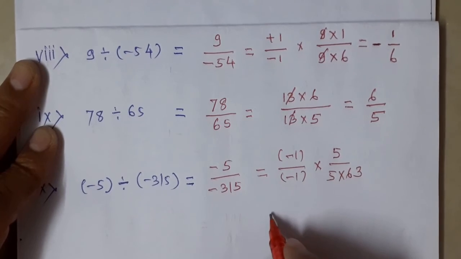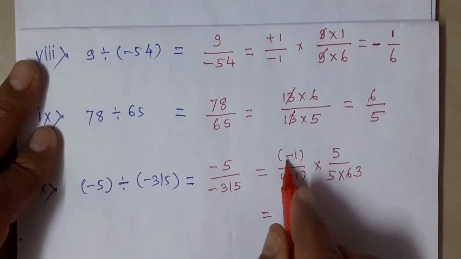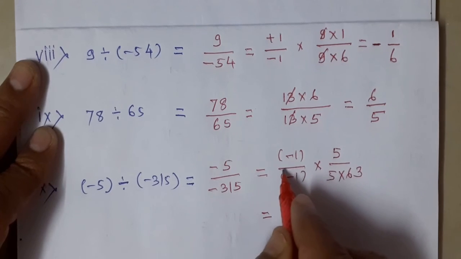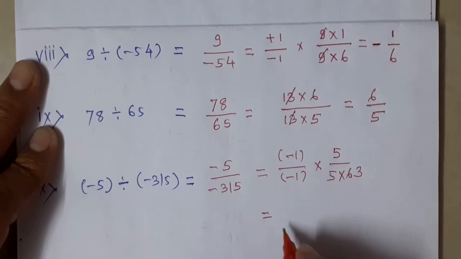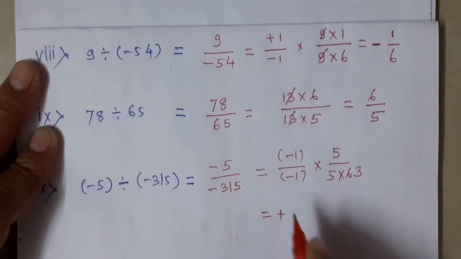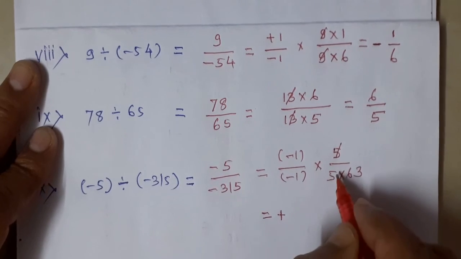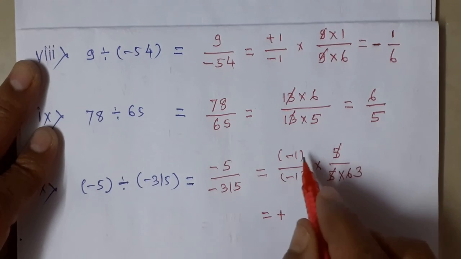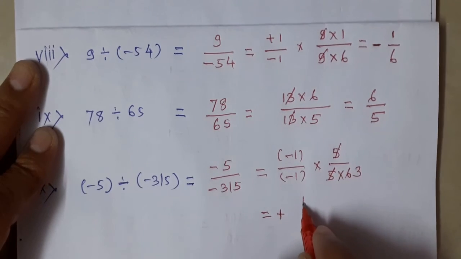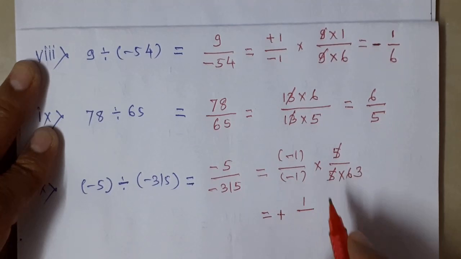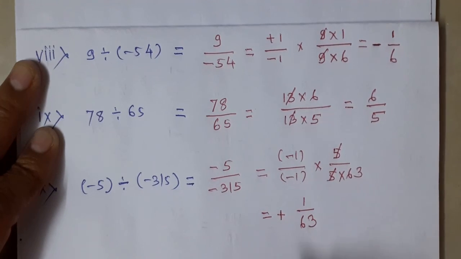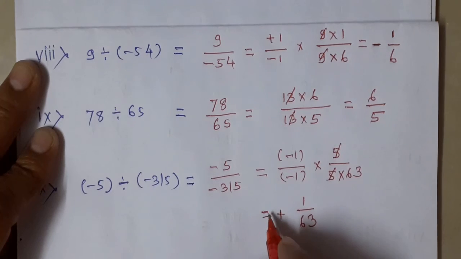When we divide one negative integer by another negative integer, the result is always positive. Here 5 is common, so I cancel it. 1 times 1 is 1 and 63 times 1 is 63, so 1 by 63 is the answer.